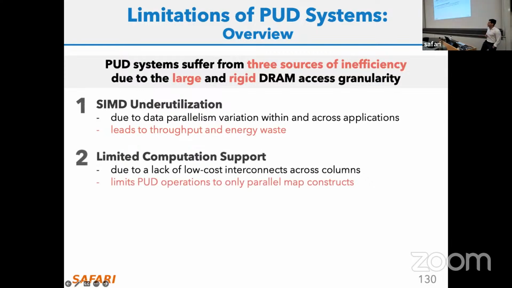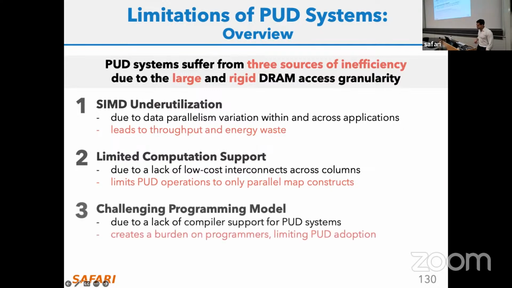The second problem is that, I don't know if you realize, but I'm always talking about computing on an array. I have one array, and a second array, and then I generate a third array. So what happens if I need to do a reduction? If I have one array and I need to reduce it into a scalar, I cannot do this computation in the substrate because I don't have communication across the different DRAM columns that would be required for that.